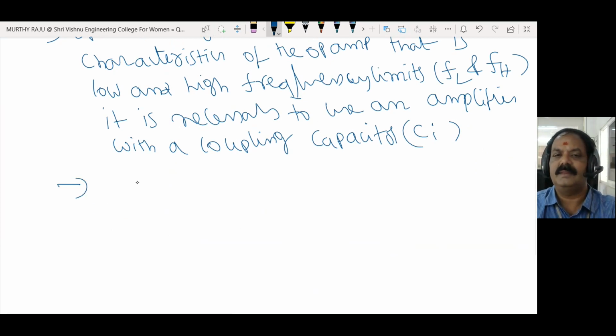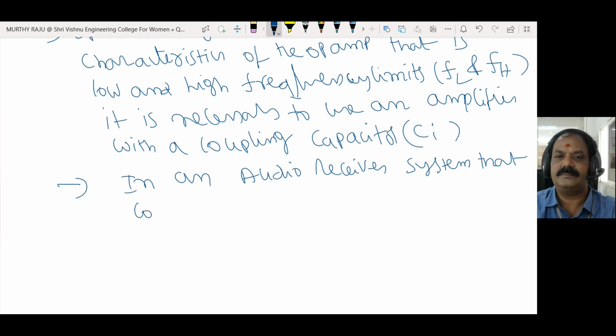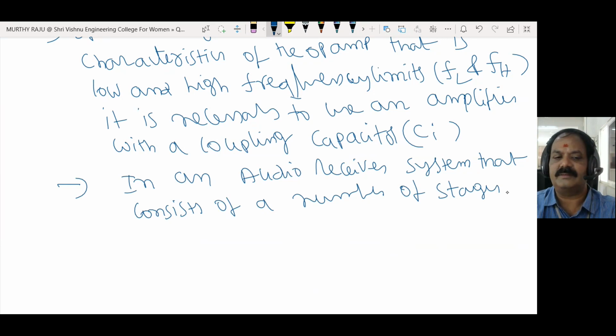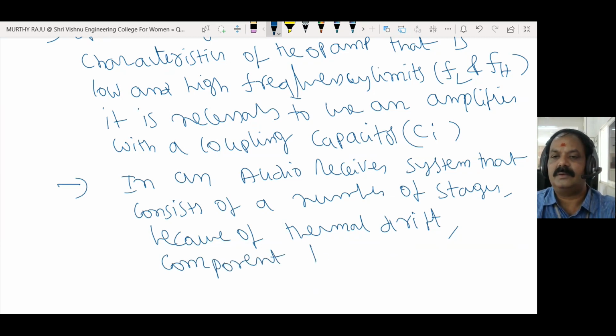Second point is, suppose in an audio receiver system that consists of a number of stages, because of thermal drift, component tolerances and variations, a DC level is produced.